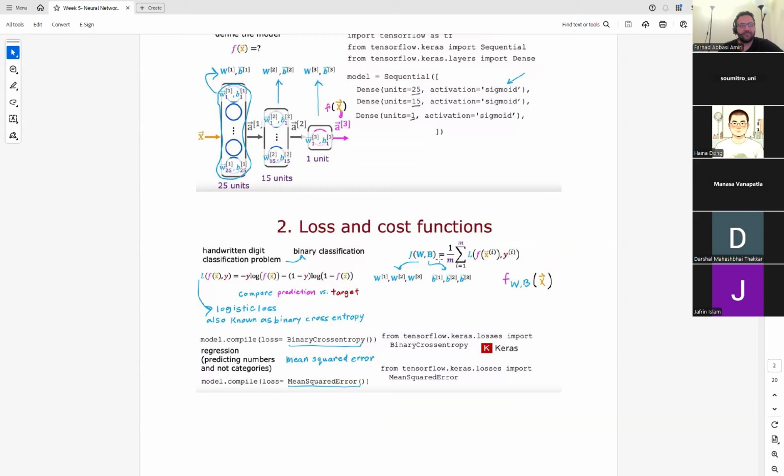And this gives us the cost function J, which is a function of w and b, the model parameters, right? So this cost function J is a function of all the w's and b's in our model. And gradient descent minimizes the cost function J to give us the optimum w and b that we can use later on to make a new prediction.